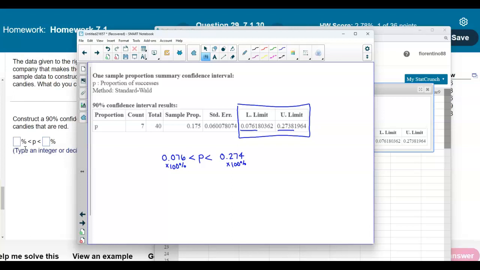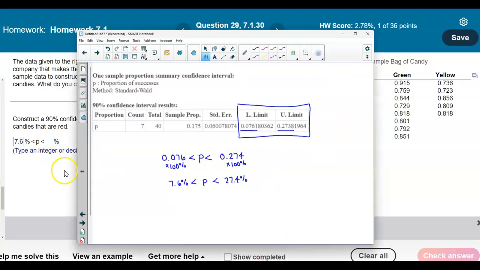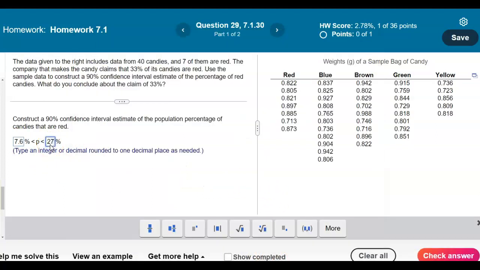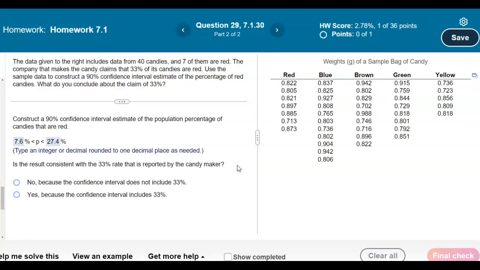Therefore, we end up getting 7.6% for the lower limit, and for the upper limit, we have 27.4%. So let's check our result. We have 7.6%, and here we have 27.4. So there is our result.